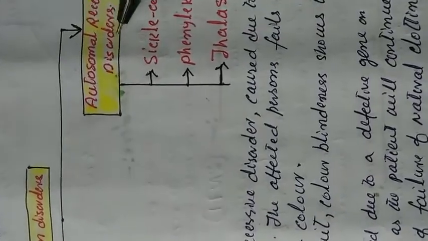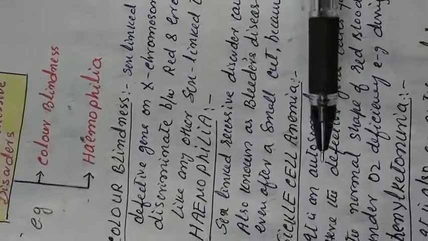Now, among the autosomal recessive disorders, as I already told you, the most important ones are sickle cell anemia, phenylketonuria, and thalassemia. Now let us discuss sickle cell anemia. Sickle cell anemia is an autosomal recessive genetic disorder present on chromosome number 11.